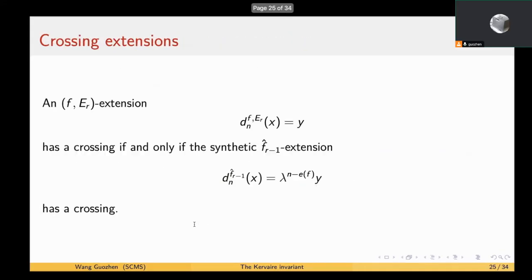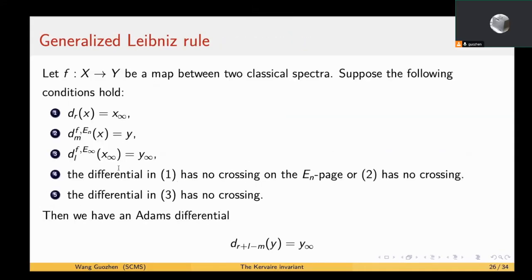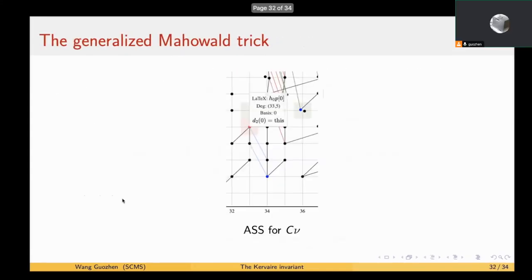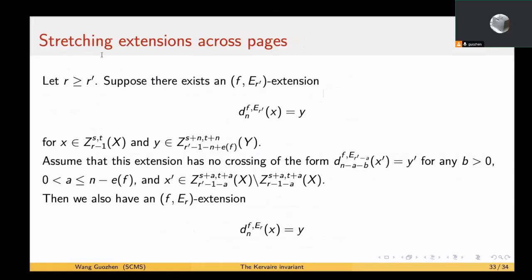But in order to apply the generalized Leibniz rule, we need an extension from x infinity to y infinity in the E infinity page. So there is a deficiency here. So we also need a way to stretch our extensions.